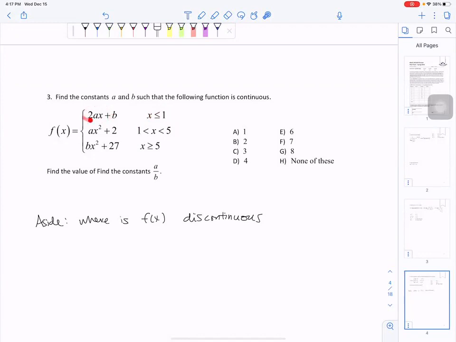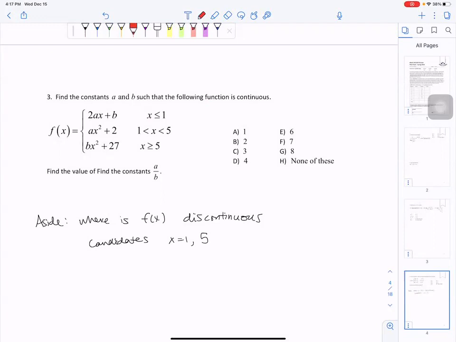At 1, it's defined with this first part, but then at 1 with an open circle, it's also defined at this part. So where it's discontinuous, your candidates would be at x equals 1 and 5. So that's where we want to make sure that they are continuous.